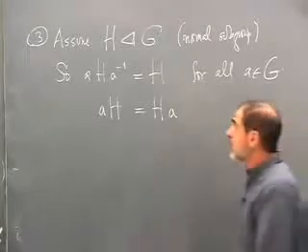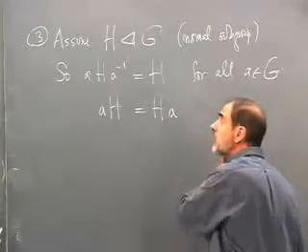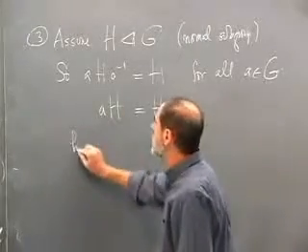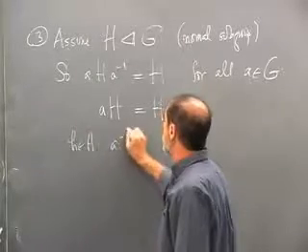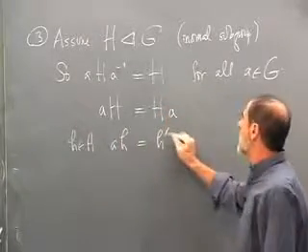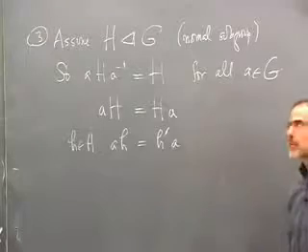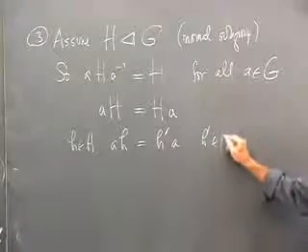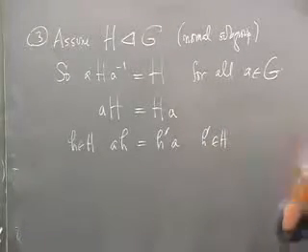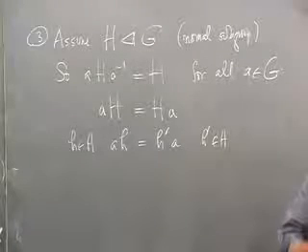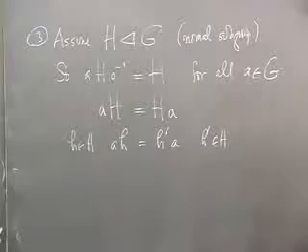Okay? Doesn't mean that A commutes with everything in H. It means that if you have an element in H, then AH can be written as some H prime A, for H prime in H. Okay? It just preserves it as a set. It doesn't commute with everything in H. Okay?